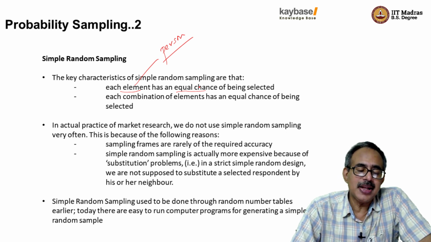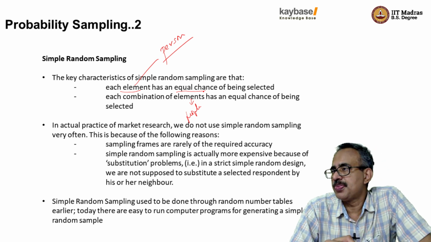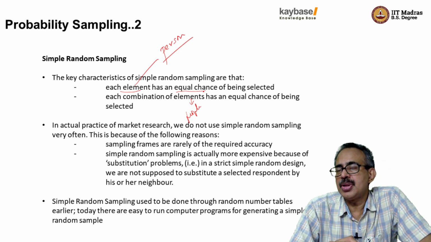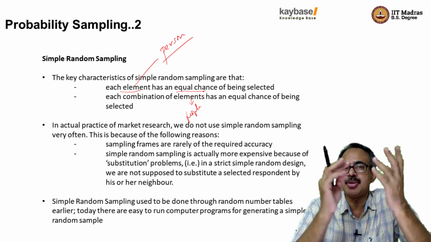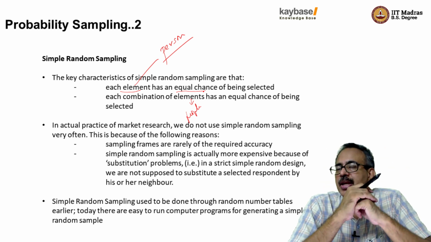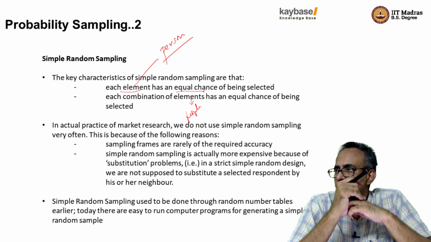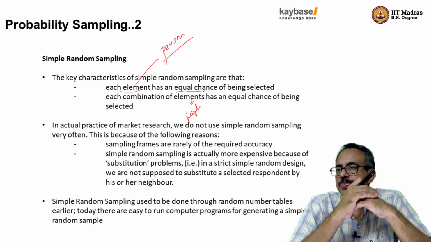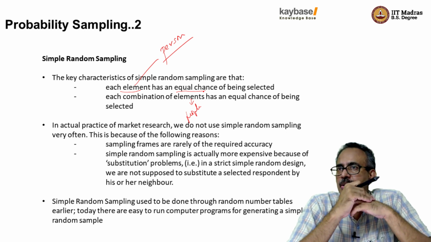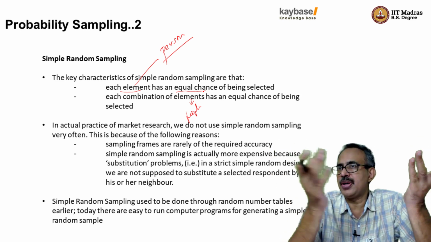Plus, every combination of people has an equal chance of being selected. So, if the sample is to be selected in a class of 20 and you need to select 5 people, right? It can be 1, 2, 3, 4, 5 or 2, 3, 4, 5, 6 or 3, 11, 16, 18, 20 or any combination of 5.